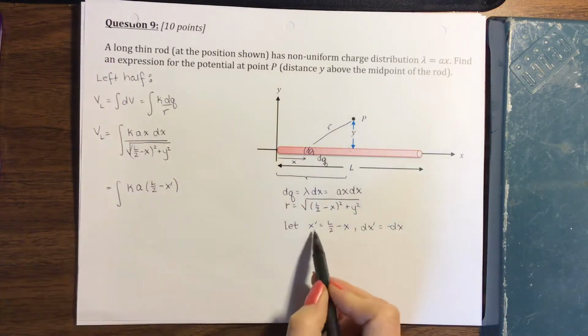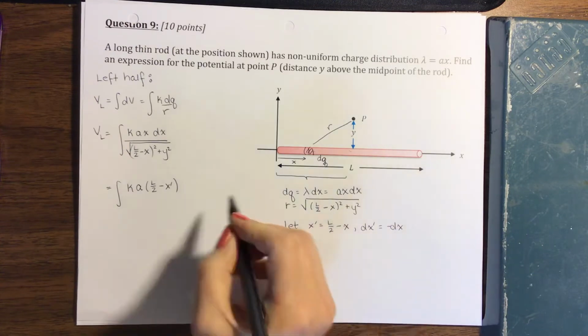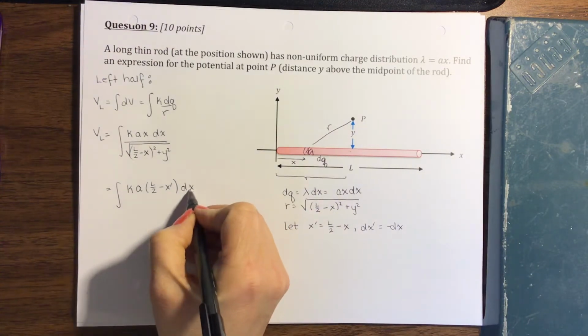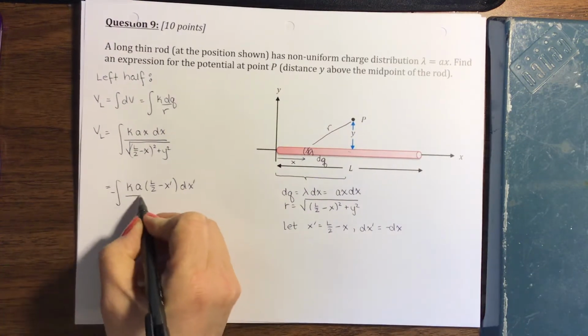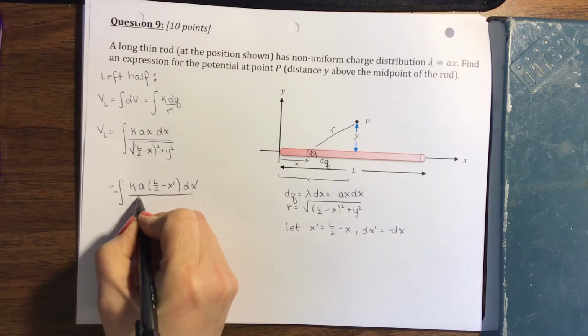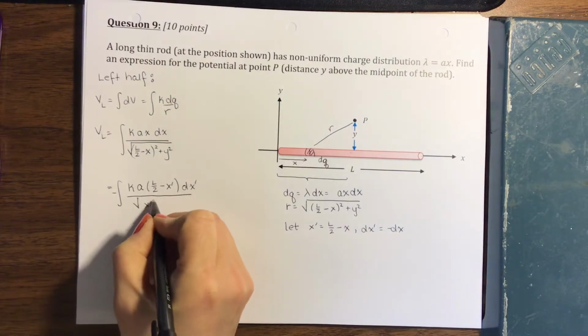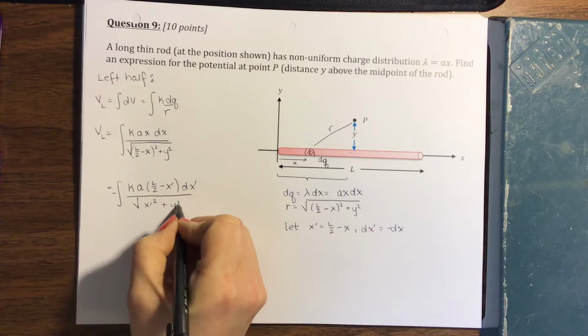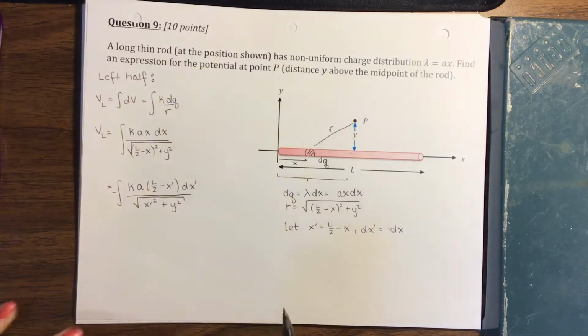So x prime is L over 2 minus x, which means x is L over 2 minus x prime, times negative dx prime divided by the square root of x prime squared plus y squared. Okay, this is an integral you can deal with.